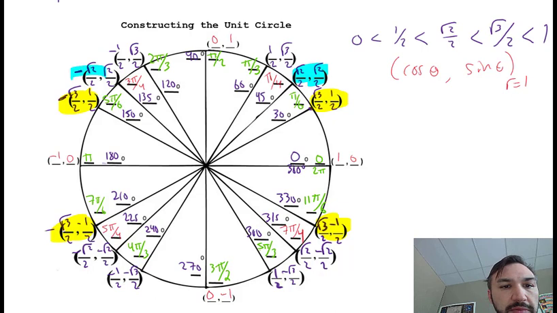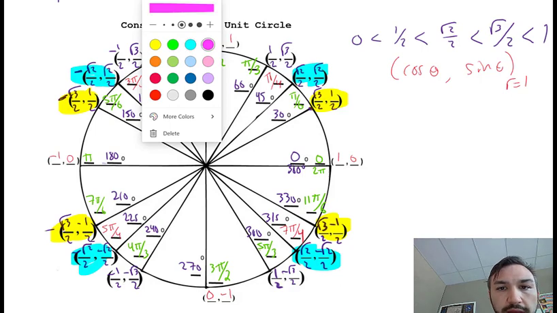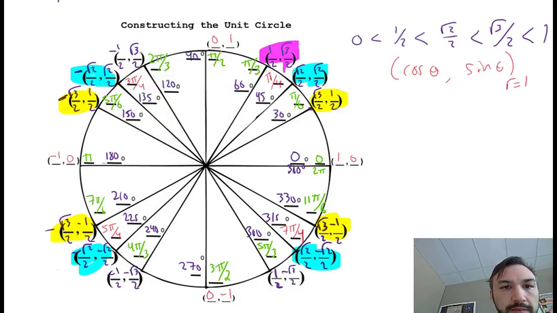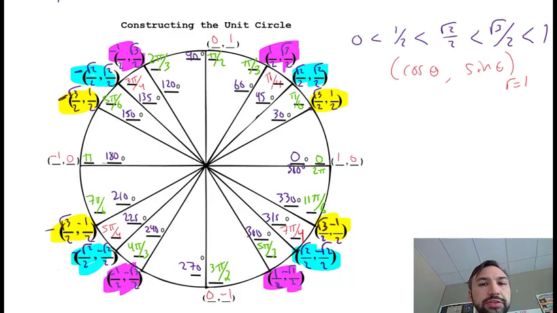And then oftentimes people like to color these the same, and these the same. Okay, so you should see the pattern there and how that works.